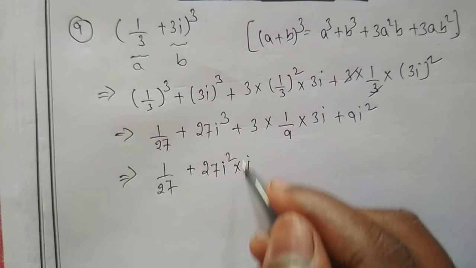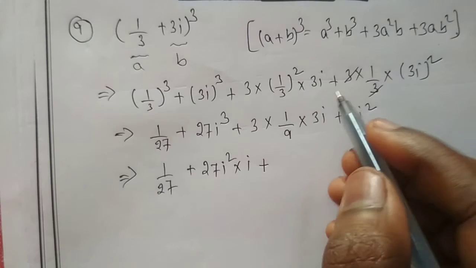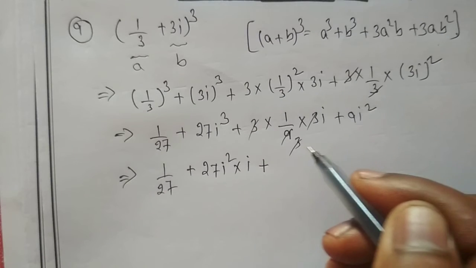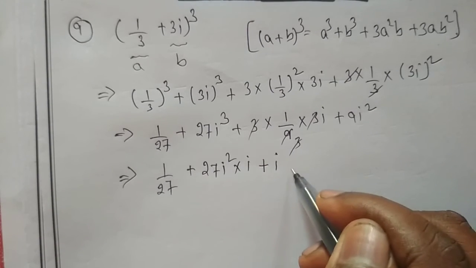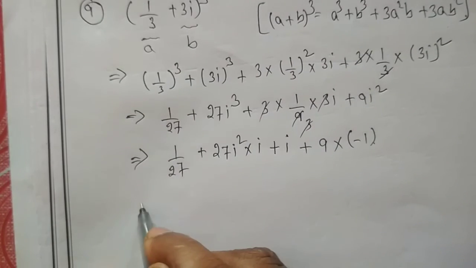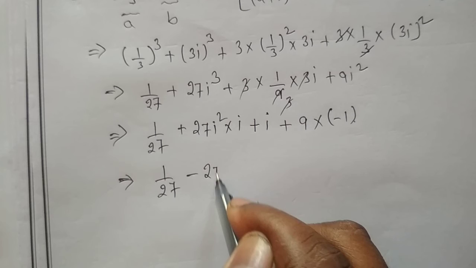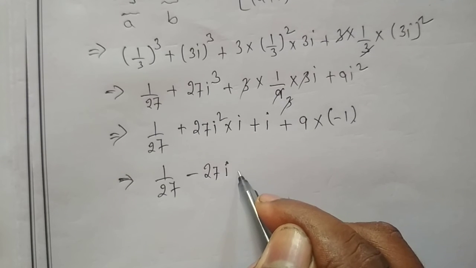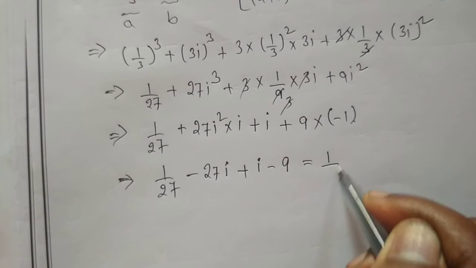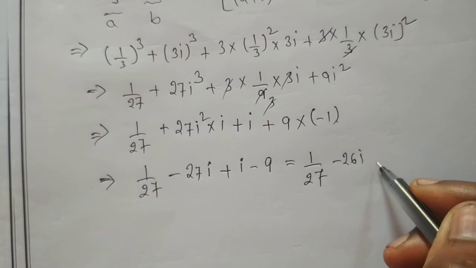We can write 27i cube as 27i square into i, plus, here 3 times 3 is 9, 3 cancel, so the remaining value is only i, plus 9 into, here i square is minus 1, that implies 1 by 27 minus 27i plus i minus 9, that equals 1 by 27 minus 26i minus 9.